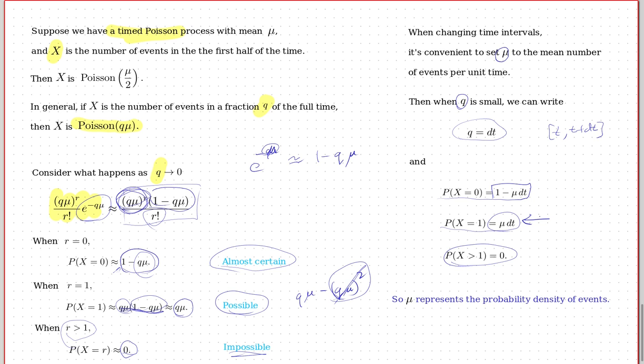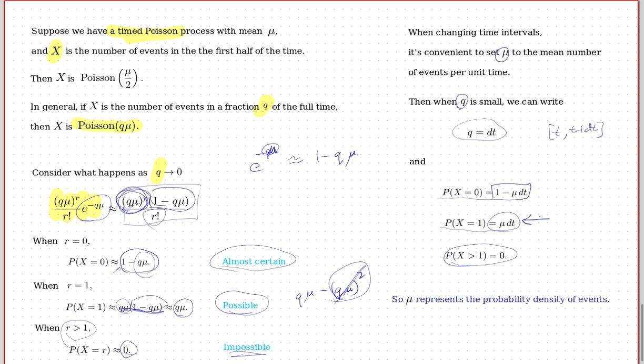If you did some probability theory, you probably talked about probability density, so that's the rate at which probability increases as you expand the time period, right, or the parameter, right?